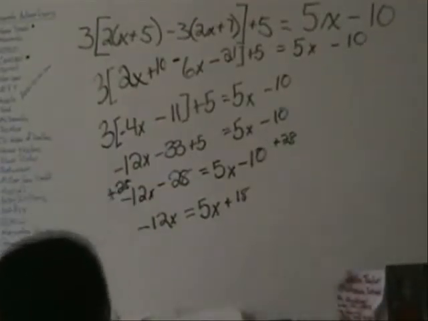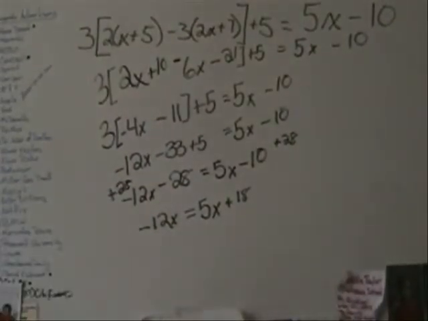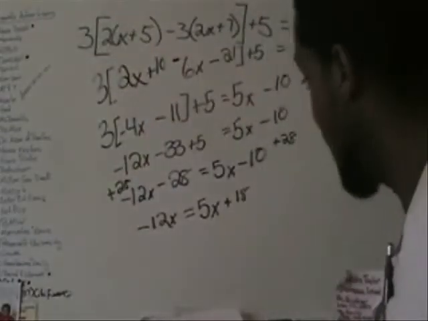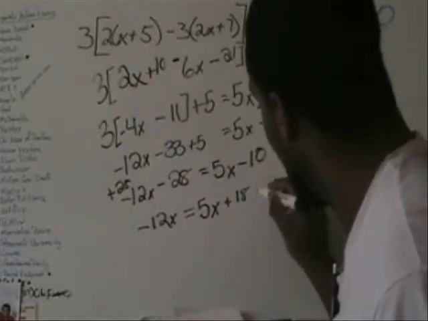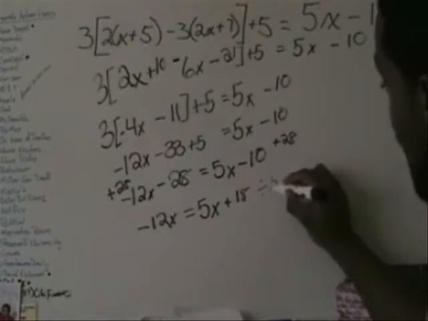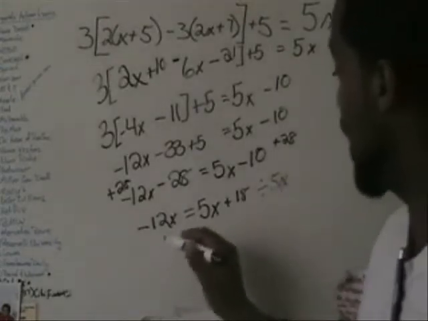Actually, remember, if you divide both sides by 5x, you would have 5x plus 18 over 5x. You're going to have to divide both sides by 5x.